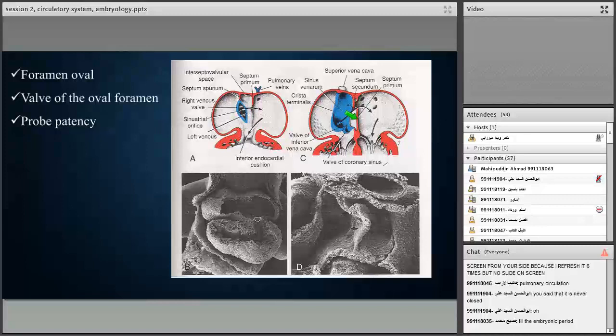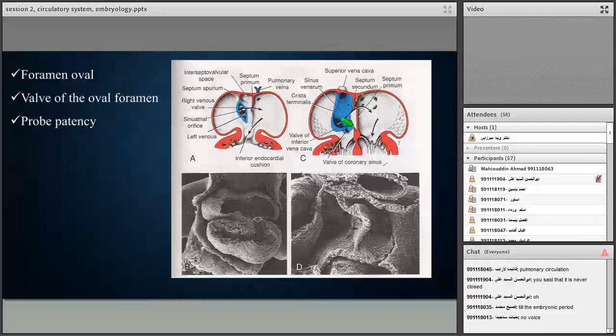But after birth, when the pulmonary circulation and the function of the lungs begin, the pressure in the left atrium will increase, so this valve will close the foramen ovale.